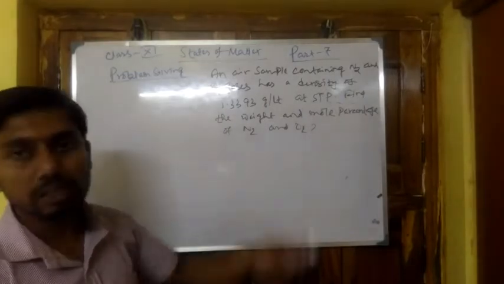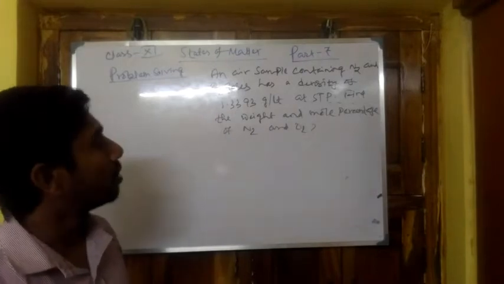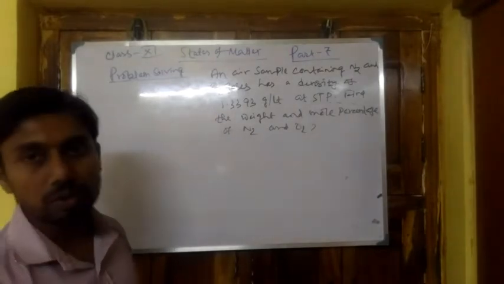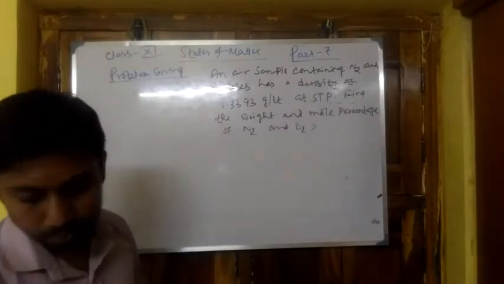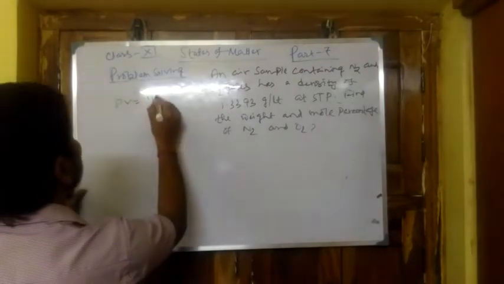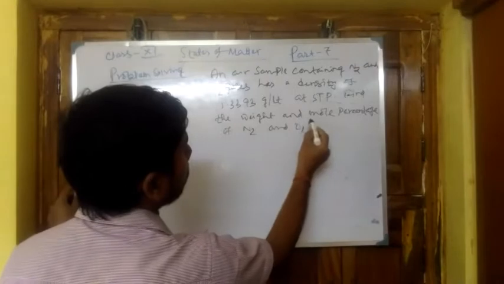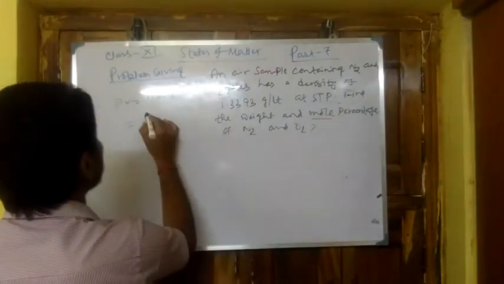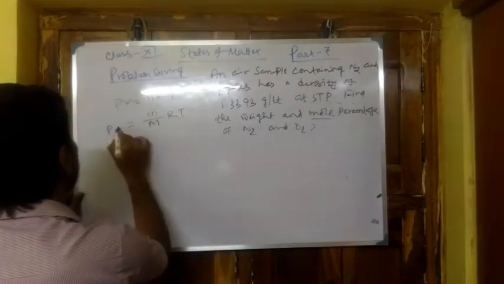So only the density is given. We have just discussed the density and how we can introduce density in the PV equal to nRT equation. In the same way, write down PV equal to nRT. Now here, as we have to calculate the mole percentage, we substitute n by small m by capital M into RT.